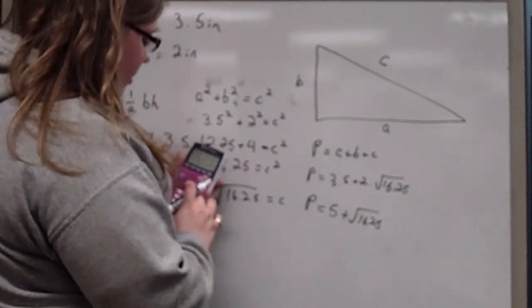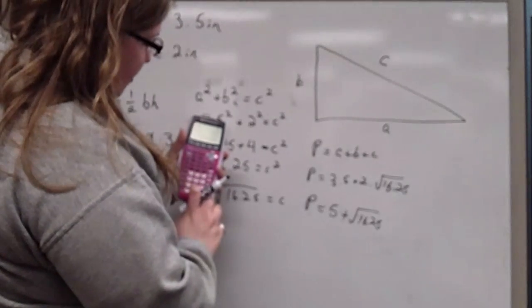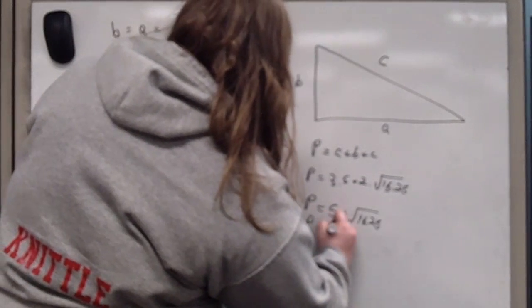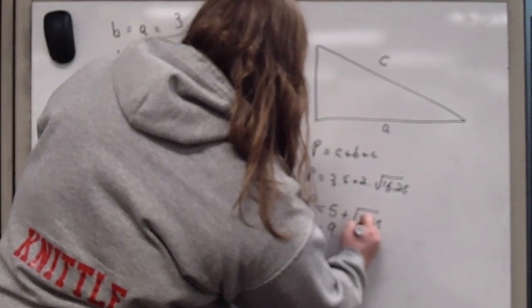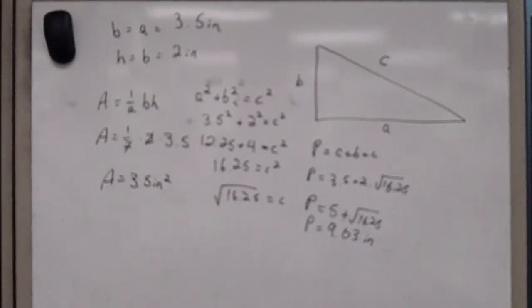Now we really want to use this number, so we can get the square root in our calculator, add 5, and we'll round to the nearest hundredth to get perimeter equals 9.03 inches.